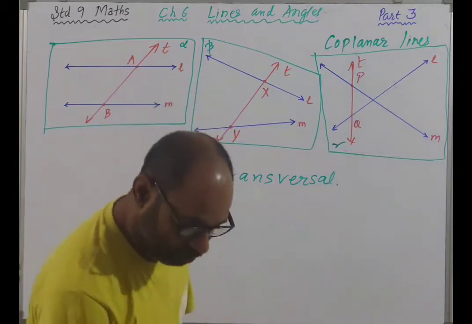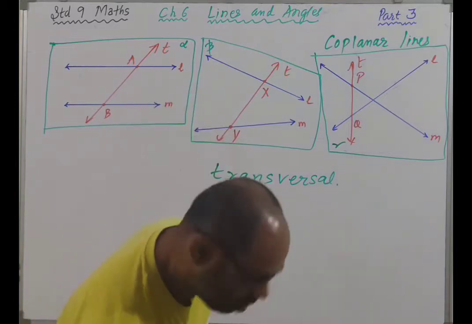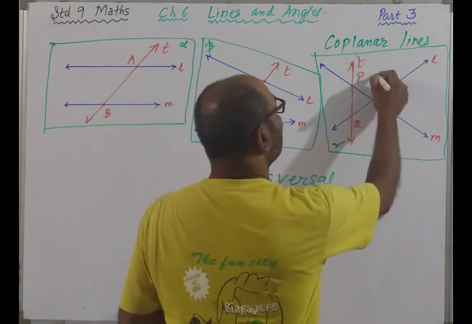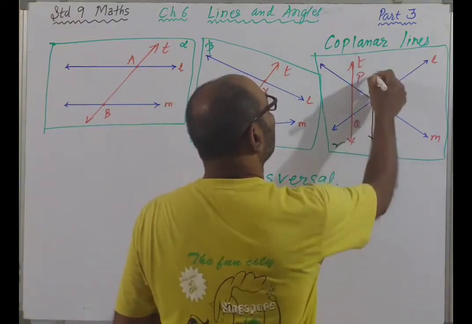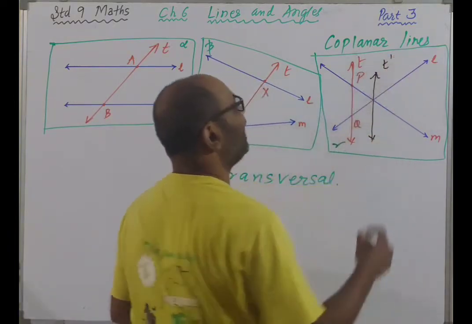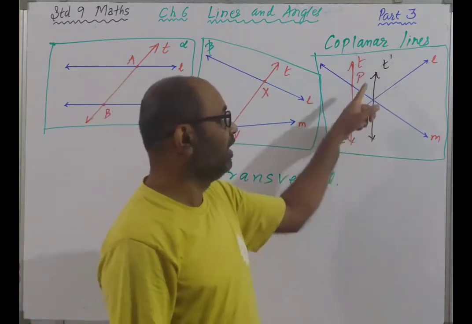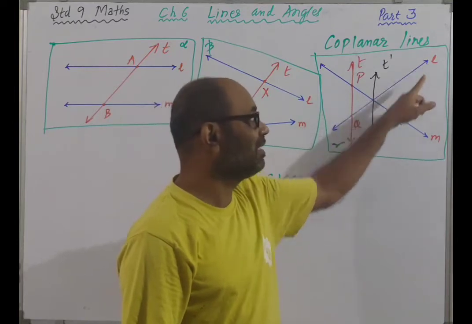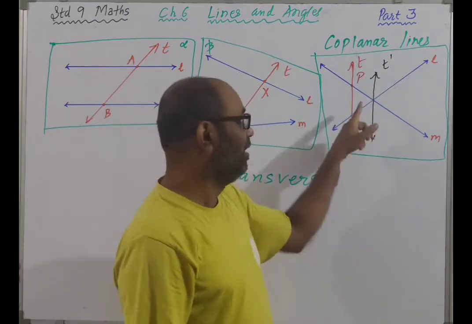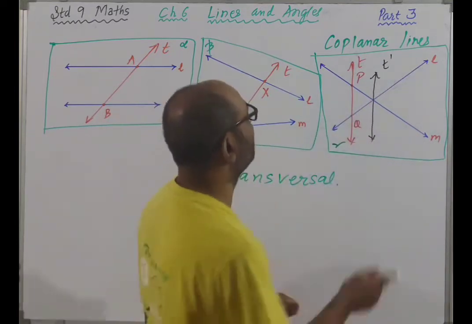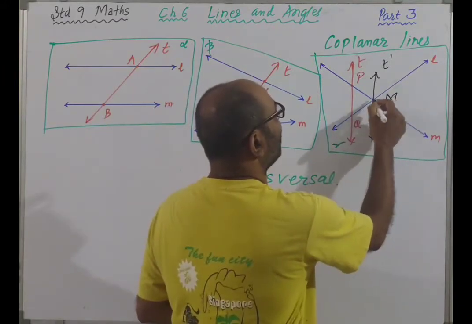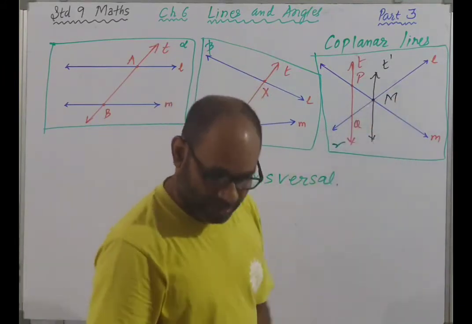Alright? Now, if I draw a black line here, let me say T dash. वो लाइन का नाम मैं T dash देता हूं. So can you see the black line intersects L and M both. It intersects L. Let's say this point is capital M. Point के लिए capital. Alright.